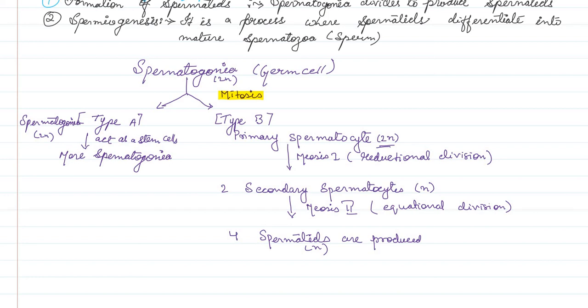Okay, and these spermatids are non-motile cells. They do not look like sperm. So there is a second stage of spermatogenesis. There is a process of changing spermatids into mature spermatozoa, which is known as spermiogenesis.